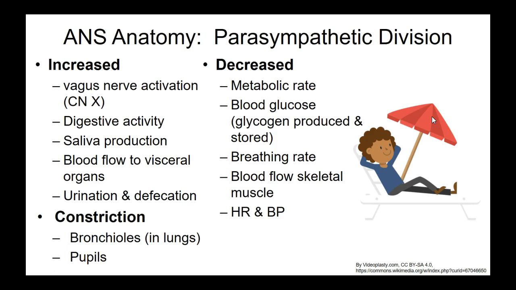Now, the other things, if you're resting and digesting, metabolic rate's going down, blood glucose is going down. So here, blood glucose is going down. Good thing to do for our bodies would be to store it in some molecule. So what's the major molecule that we store blood glucose as? So the polymer.